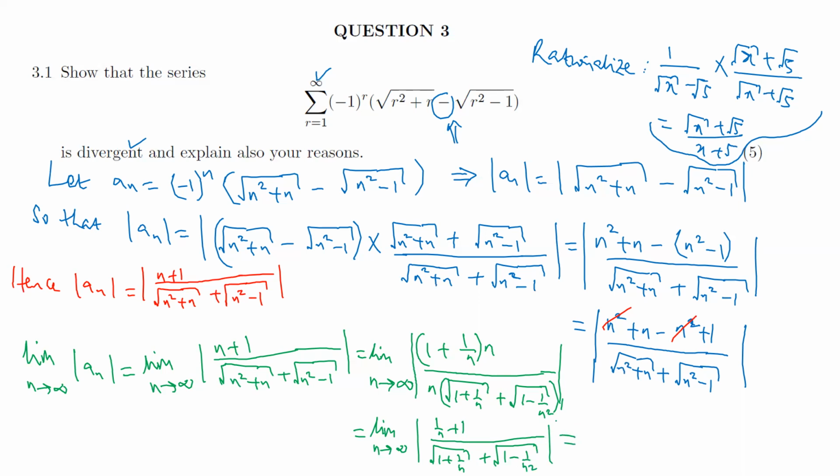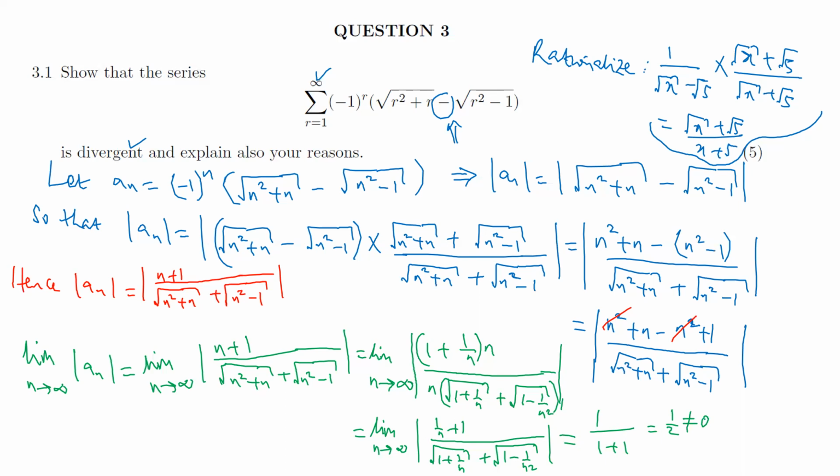As n approaches infinity, the numerator is going to be 1 because 1 over n is a null sequence. And then 1 plus 1, which is 1/2. And 1/2 is not 0. Good news.